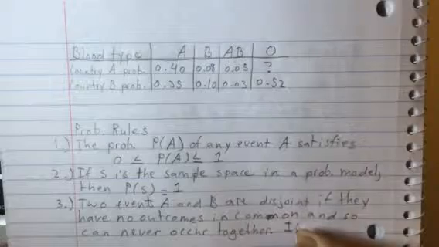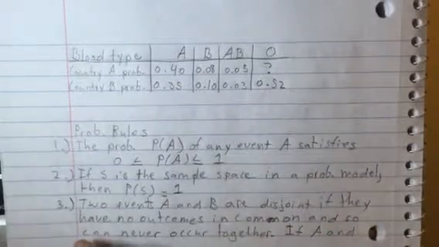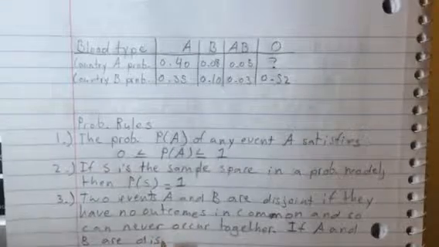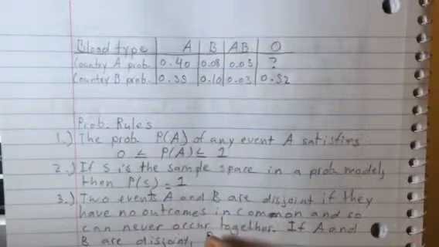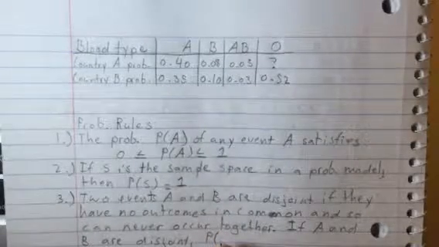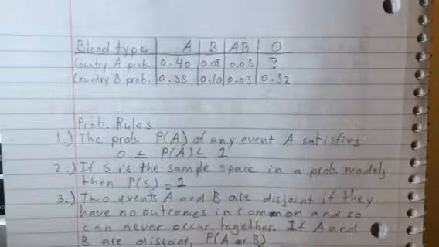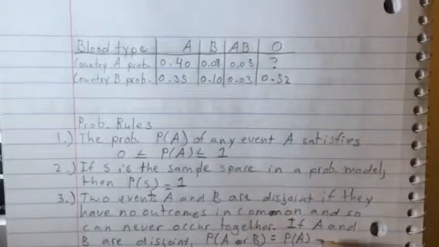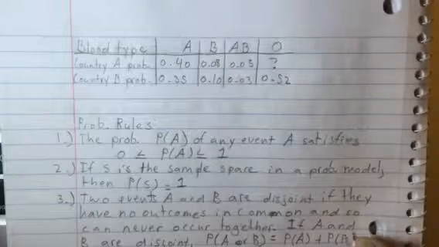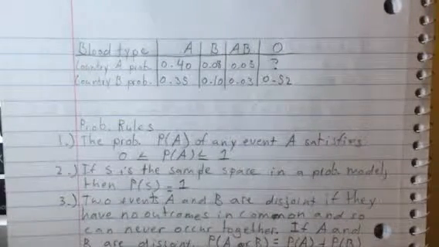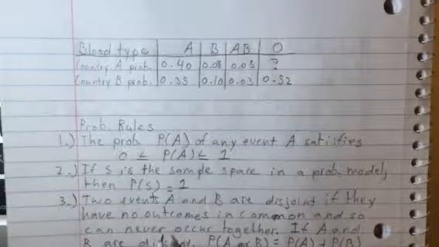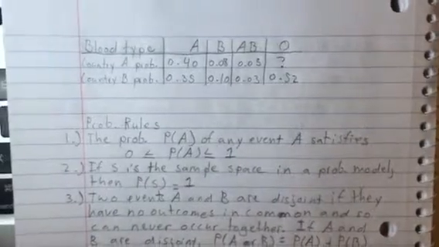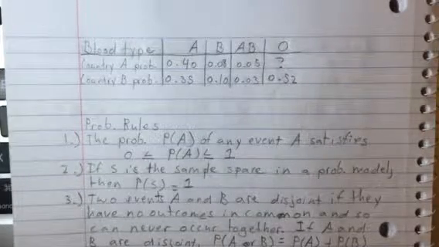So if A and B are disjoint, then the probability of A or B equals the probability of A plus the probability of B. For disjoint events, you add, whereas if 2 variables were independent, you would multiply. I'll go over the independent rule later.